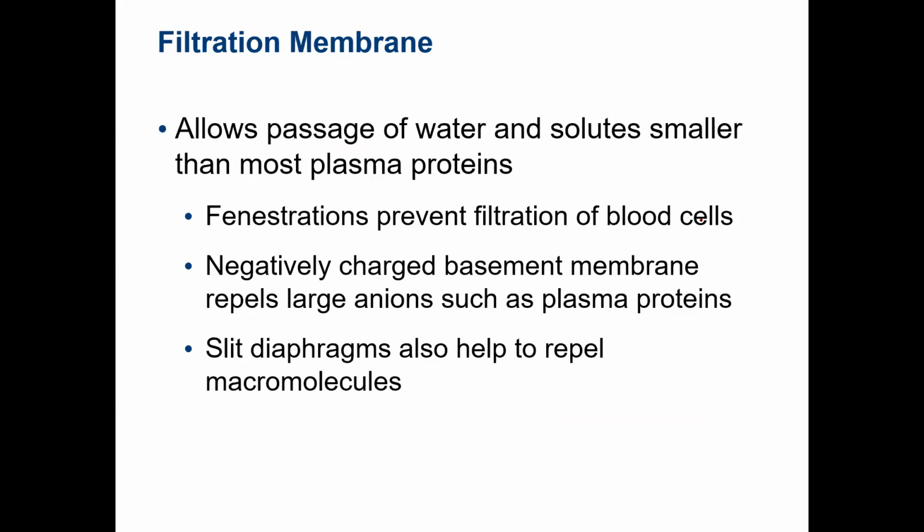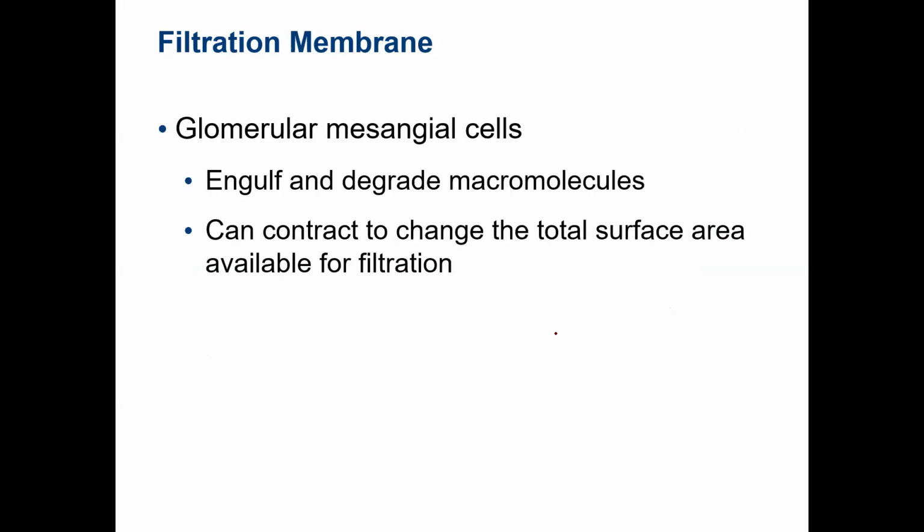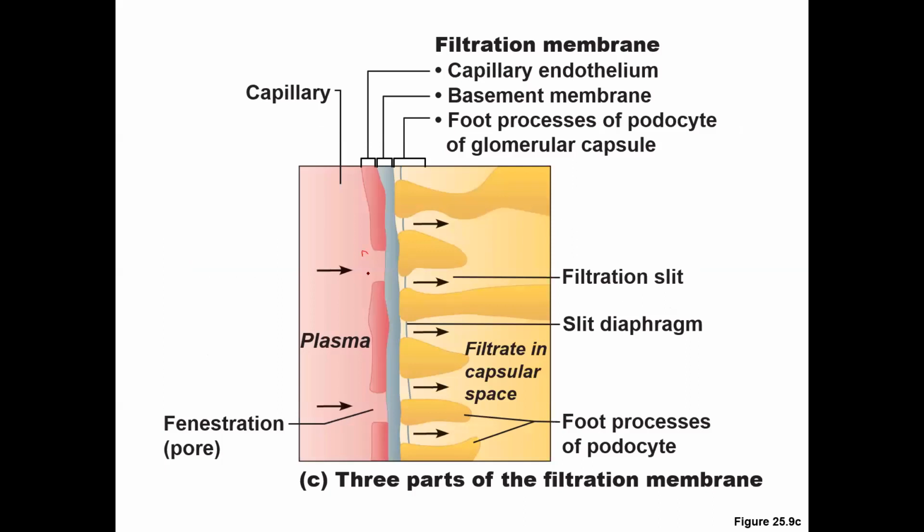Pretty much everything, unless it's big. The fenestrations keep blood cells in the bloodstream. The basement membrane keeps plasma proteins in the bloodstream. And those little filtration slits help repel big molecules. The rest of it goes out. So here's our filtration.